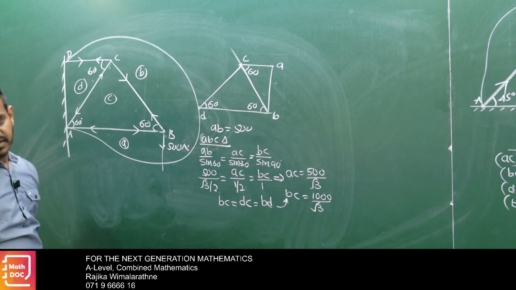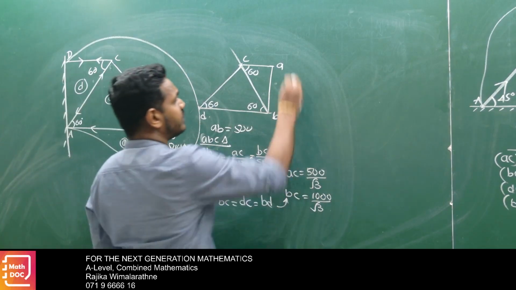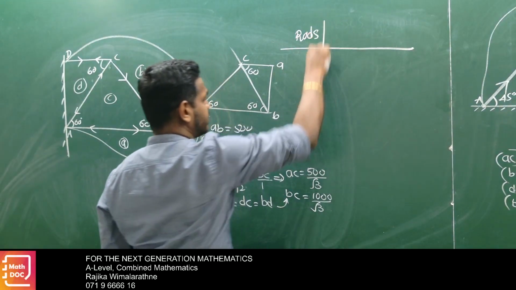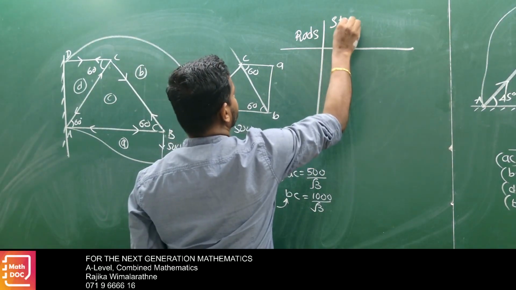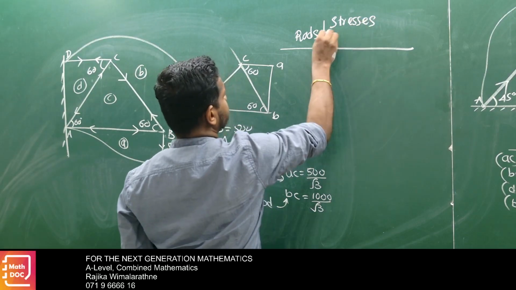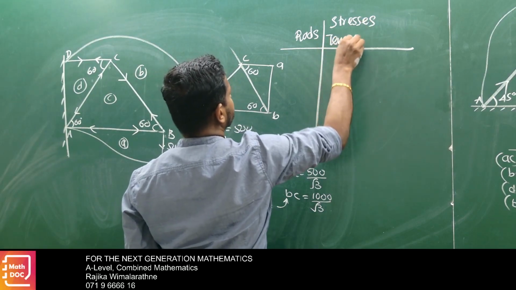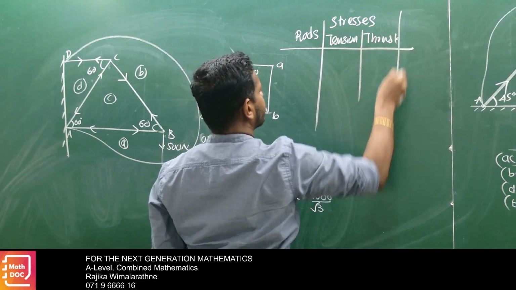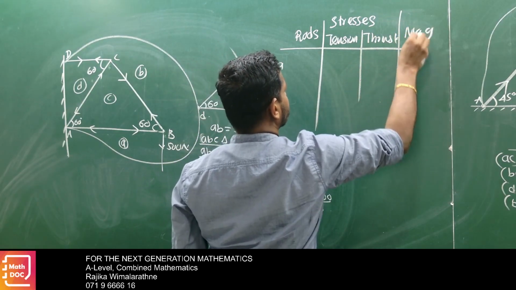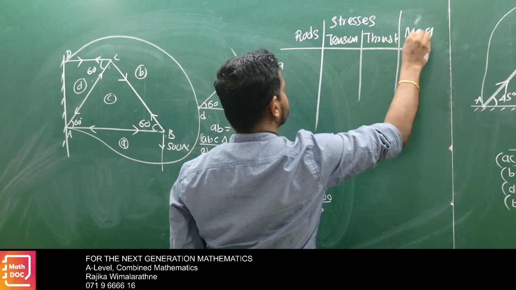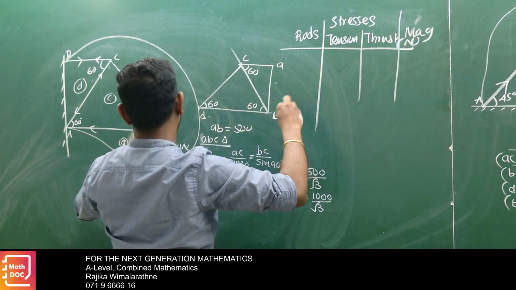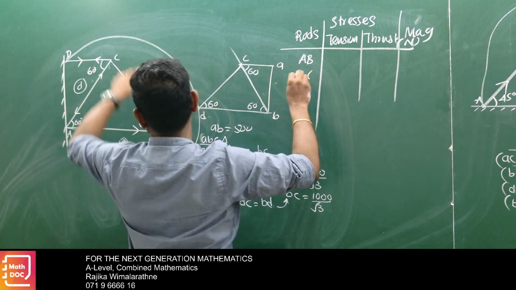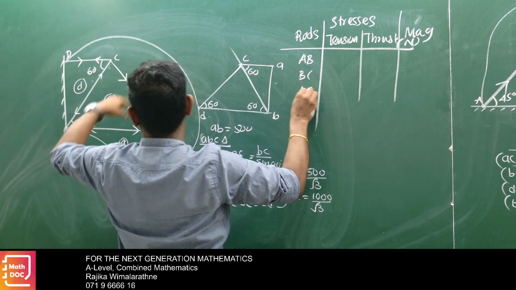Okay. Now see the table. Rods, stresses, tension and thrust, magnitude in Newton. So AB rod, BC rod, AC rod, DC rod.